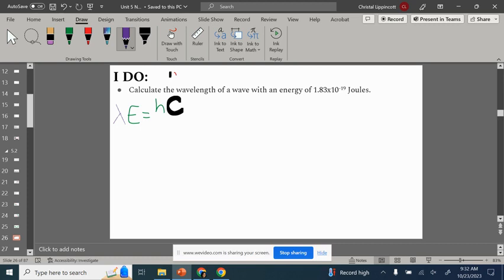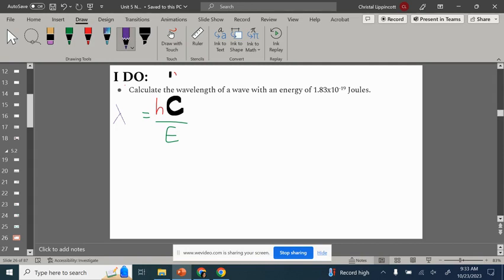Divide by E. So I want to divide both sides by E. If I divide this side by E and this side by E, that's going to get wavelength by itself. All right, so I've rearranged my equation. I think it's easier to rearrange the equation with variables than with numbers because it's a lot less writing for one thing.